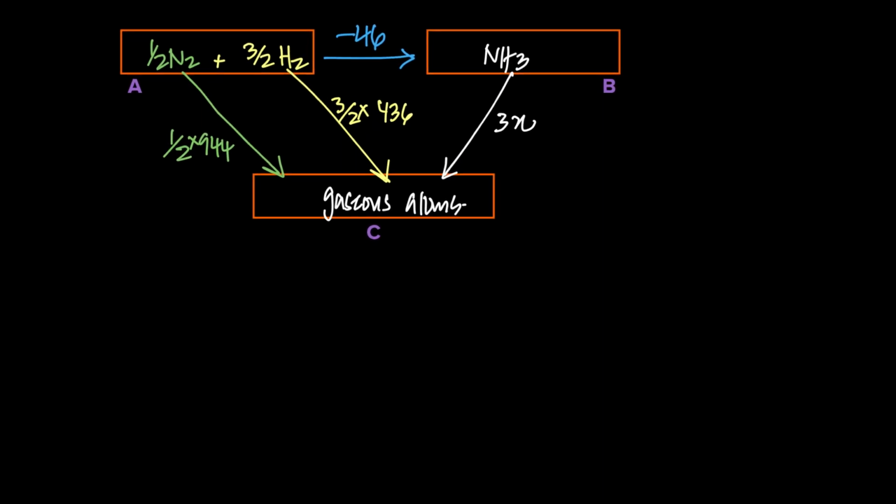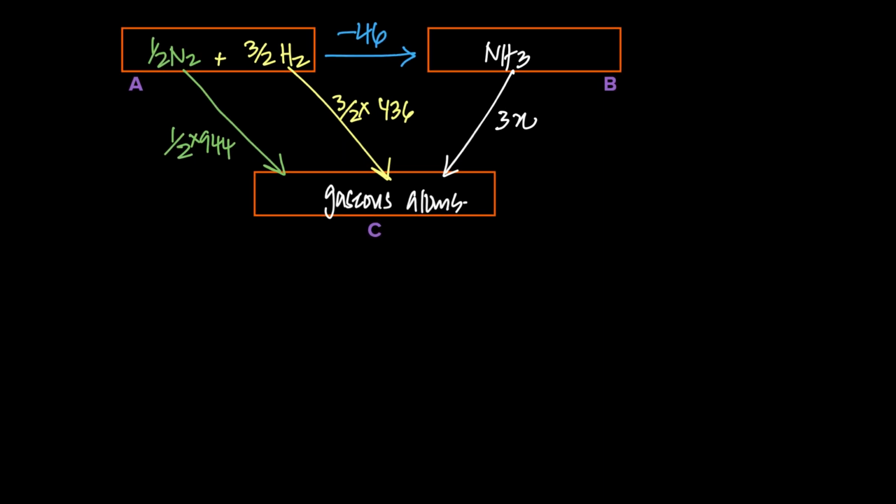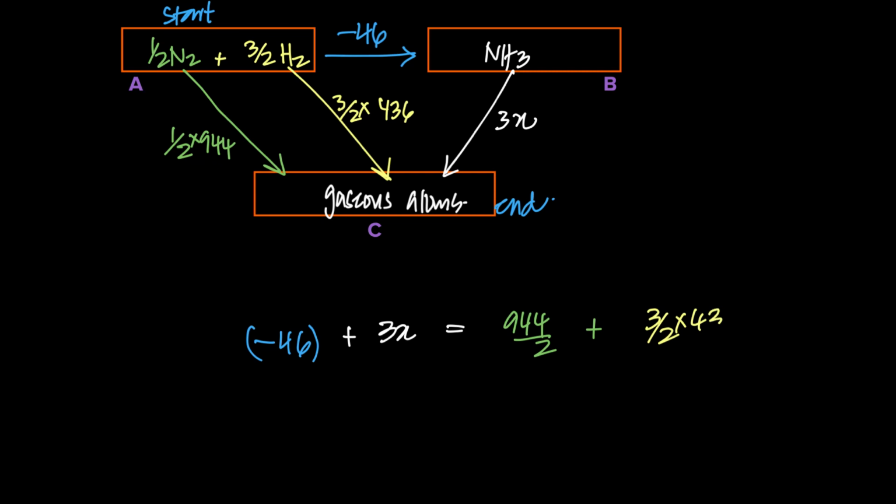Once you have the Hess cycle, you know A is your starting box and C is your ending box. Starting to ending, A to B is 46 and B to C is 3X. That equals 944/2 plus 3/2 of 436. You can even calculate that earlier.